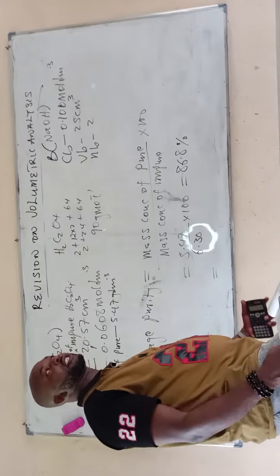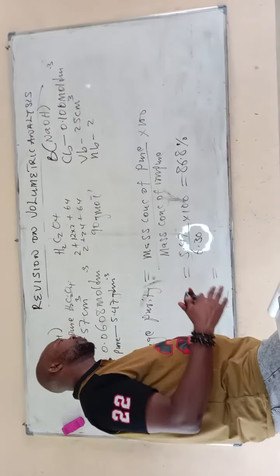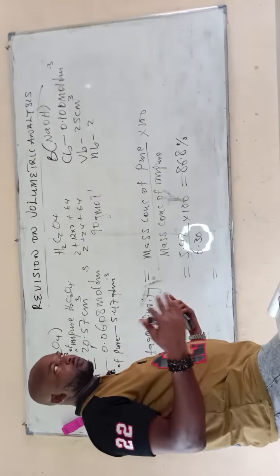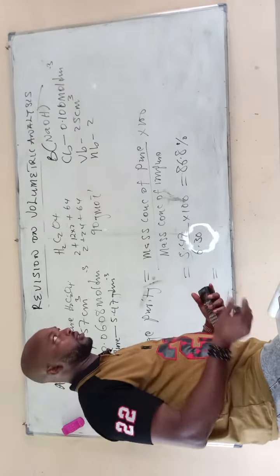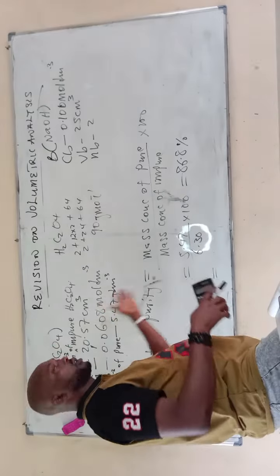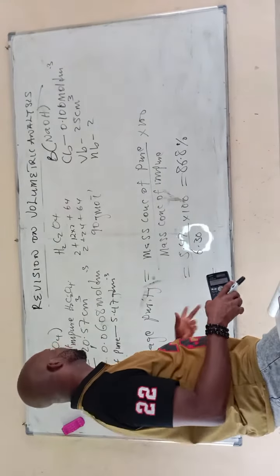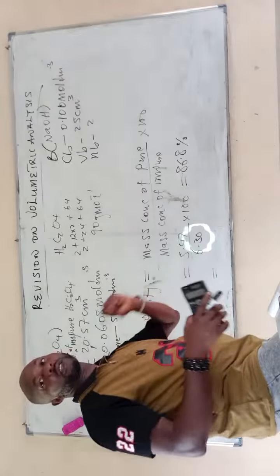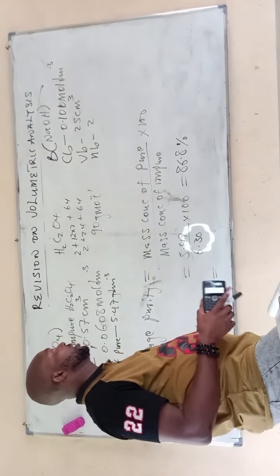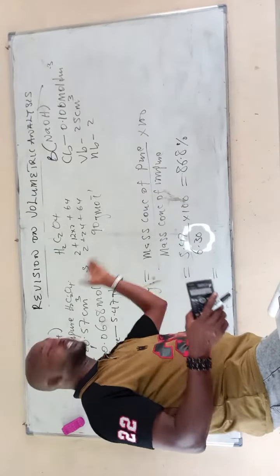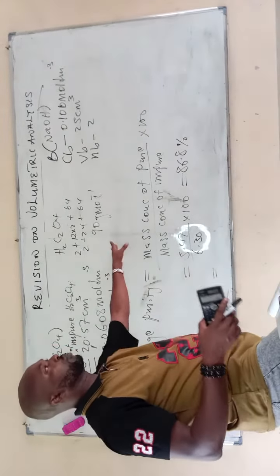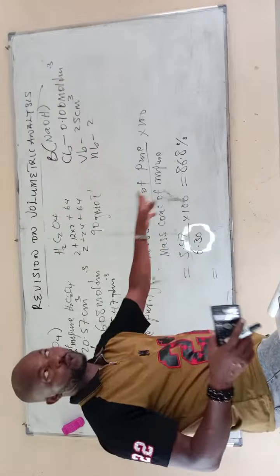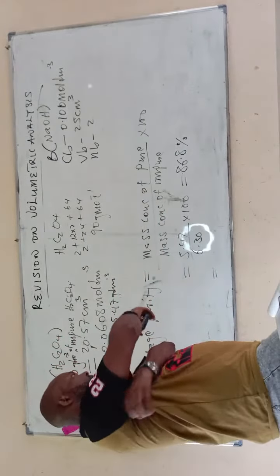So the percentage impurity is 13.2. You don't need to be told, you should just know how that can be gotten. This same question, you may be asked to calculate the percentage impurity, which means you're going to run it through this way and get it, or you say percentage impurity is impurity minus purity over impurity times 100. That can also give you that.